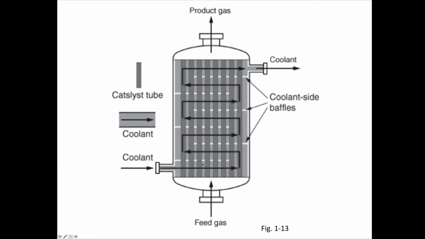We try to improve the way the coolant in this case is going through the reactors, and in this particular schematic you can see the coolant side baffles, which just go around and go through all the reactor to try to control temperature. Remember, there are always temperature gradients, and we're going to see at the end of the course examples when heat transfer is an important parameter for the reactor design.